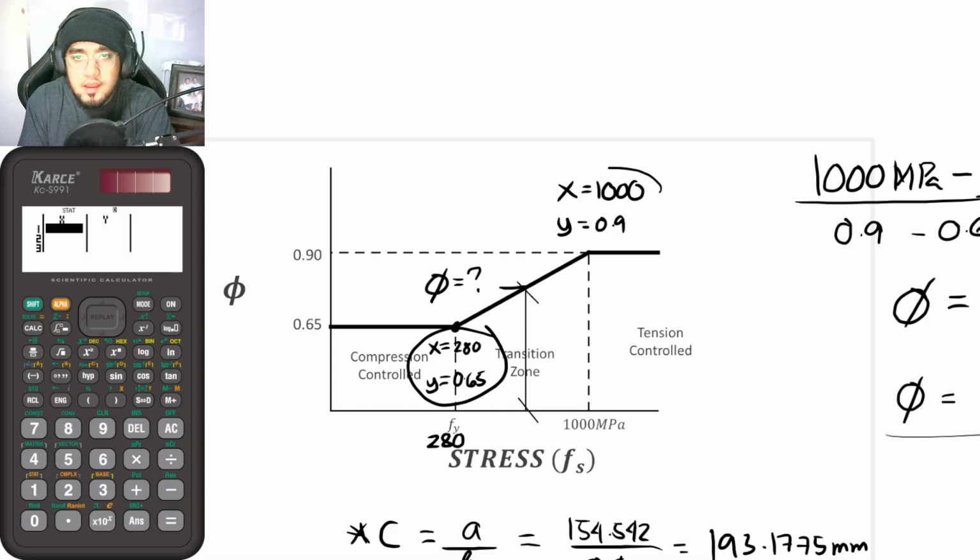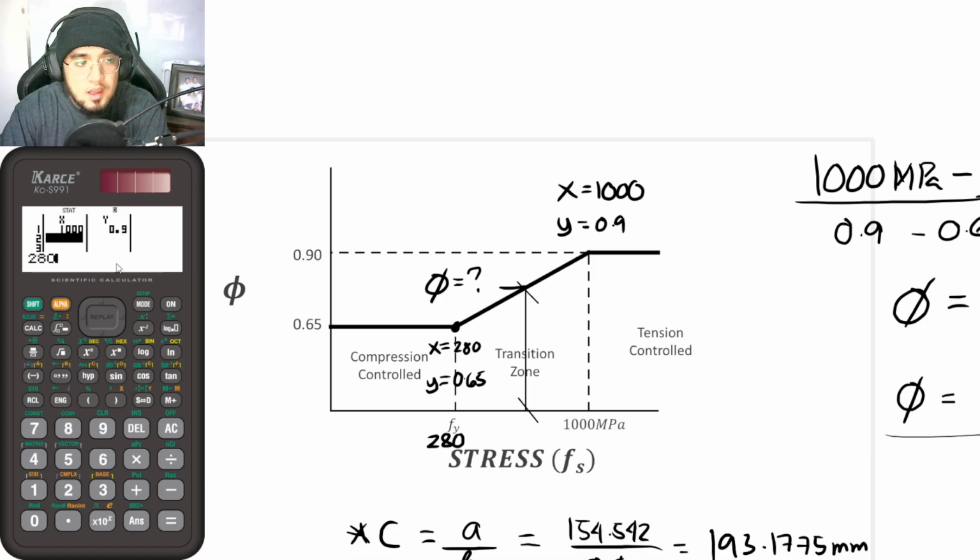So I will be typing that into my calculator. Again, if x is equal to 1,000, my y is equal to 0.9. If the value of x is equal to 280, I know that the value of phi, or the value of y, is 0.65.